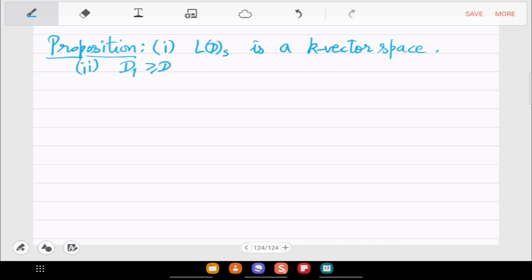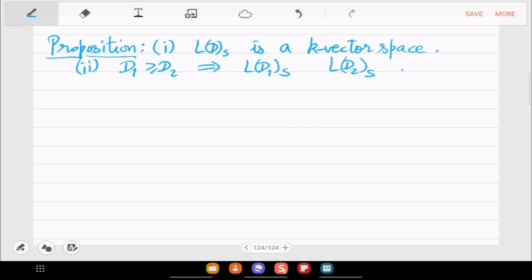If D1 is greater than or equal to D2, then what can you say about L(D1,S) and L(D2,S)? How do you compare them? So D1 may have more points and bigger multiplicities, right? So it seems that you are putting more constraints on the functions.